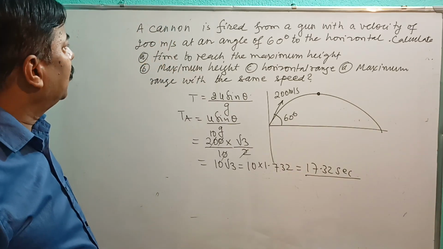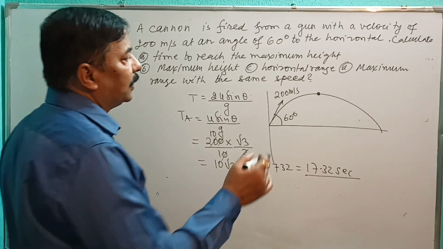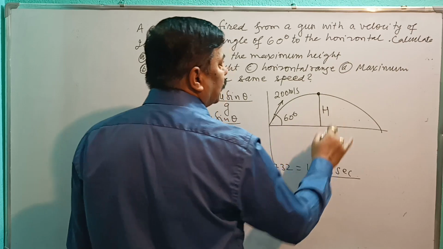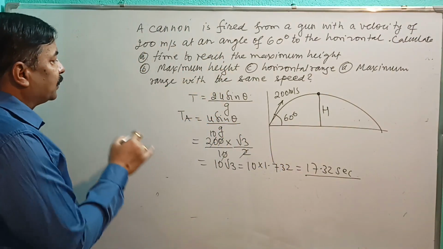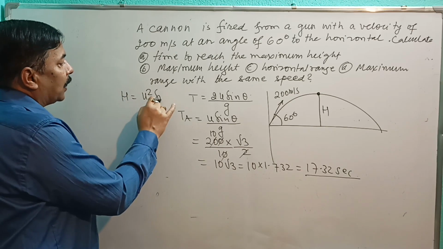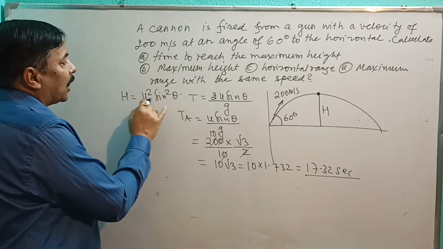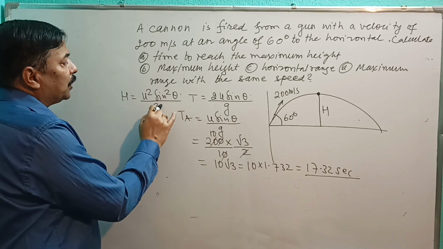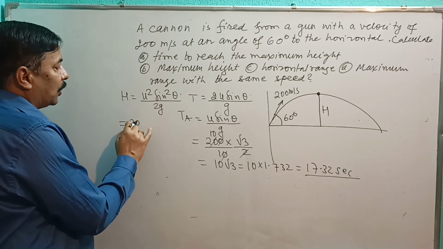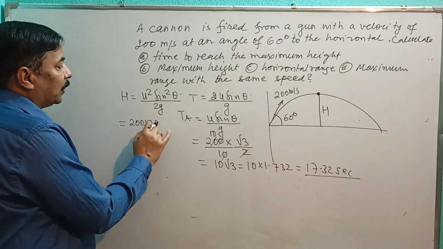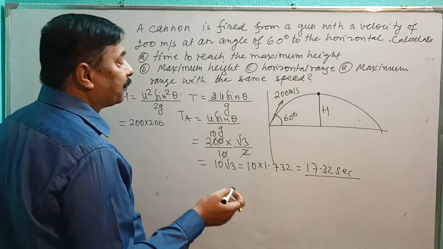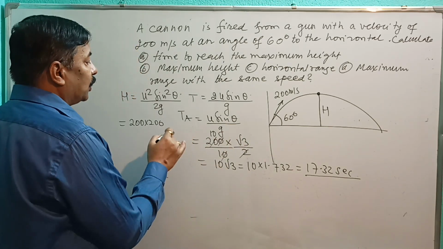Now next, what is the maximum height? They want this value also. The only thing is you have to remember the formula. What is that formula? H is equal to u square sine square theta by 2g. So how can we calculate? u square is 200 into 200. Sine square theta, sine square 60 degrees, that is root 3 by 2 whole square.